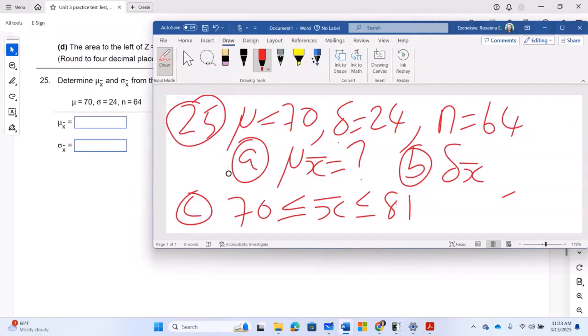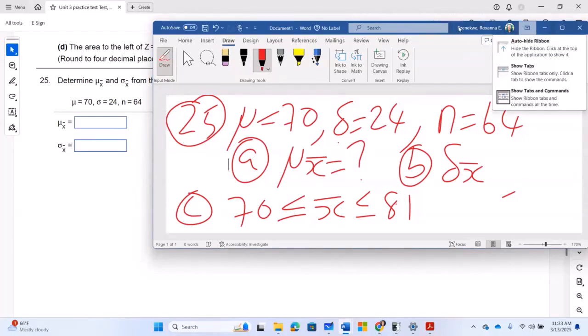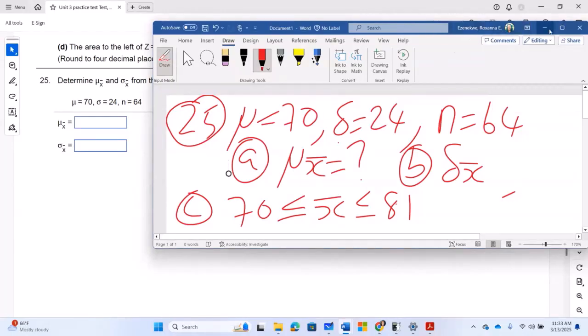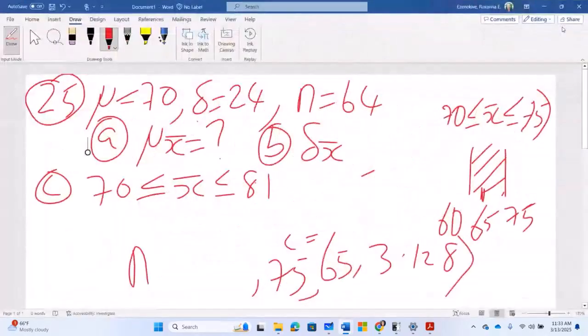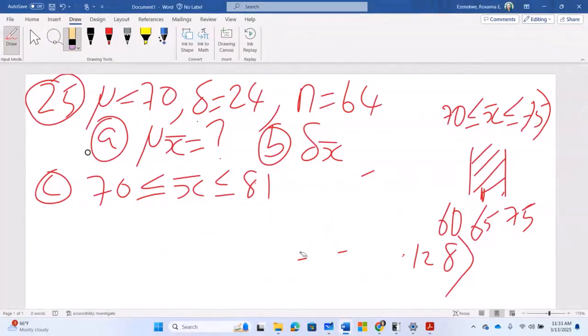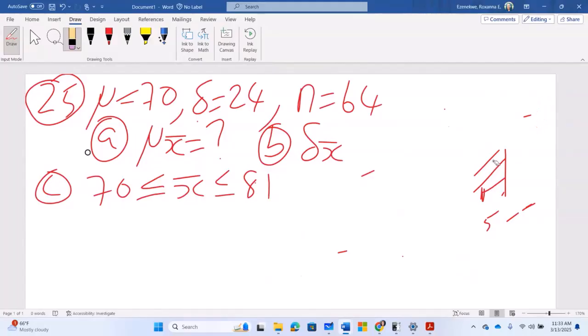So I'm going to draw a picture of what I'm looking for. I'm cleaning some of these parts first. The picture I'm going to draw is a normal curve.